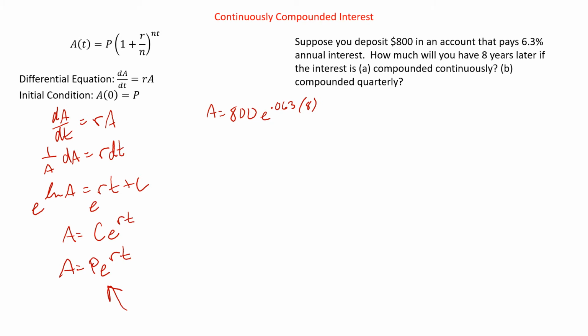I'd start out with the exponent. 0.063 times 8 is about 0.504. Well, it is 0.504. And then e to that power.